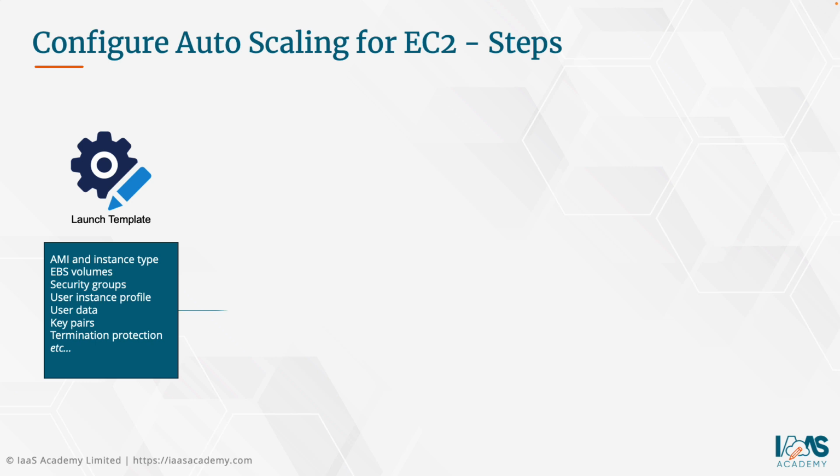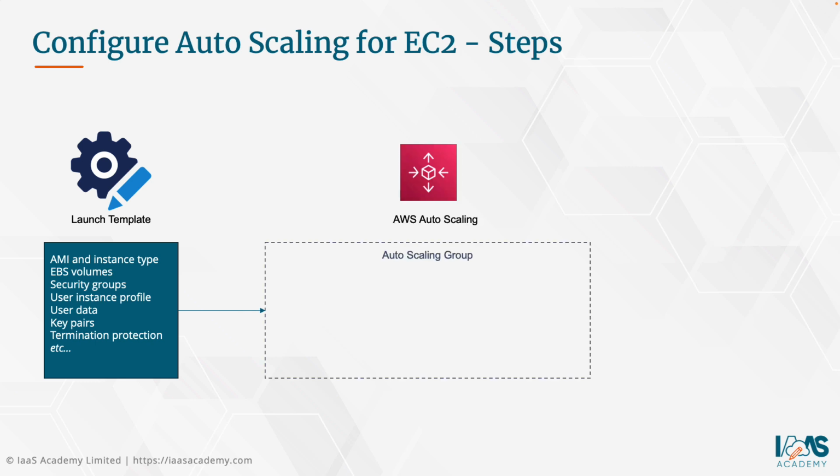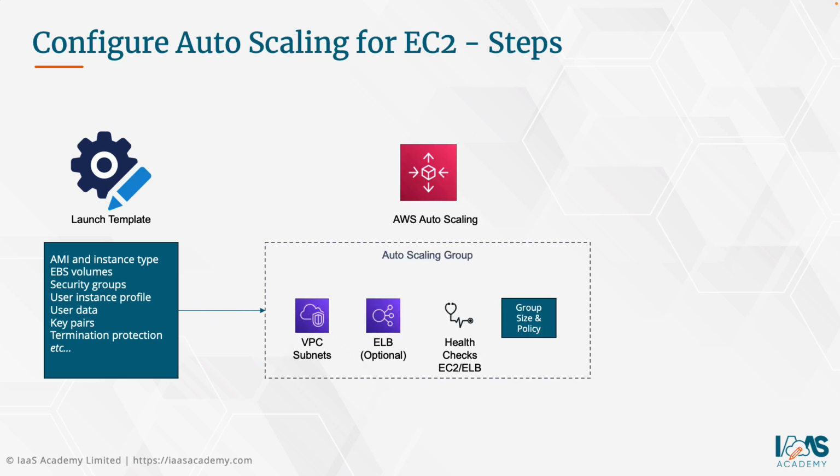Once that's in place, you can then go ahead and set up the auto-scaling group. Now, the auto-scaling group comprises a number of key elements. So you need to define the VPC and the subnets within which you want to deploy your instances. Optionally, you can attach an elastic load balancer and automatically register those instances with the load balancer. You will also need to define all of the health checks. Now, this can be just the EC2 health checks or a combination of EC2 and ELB health checks.